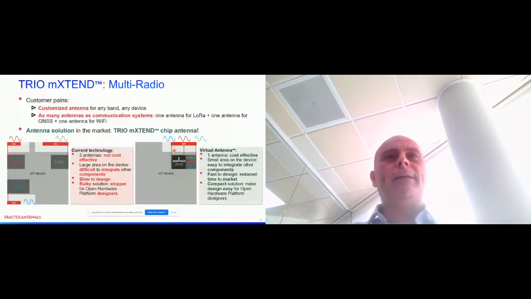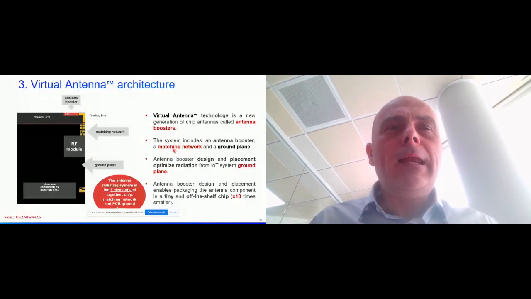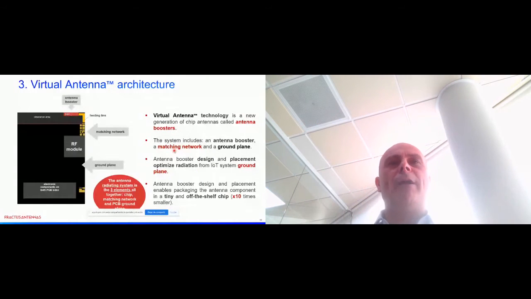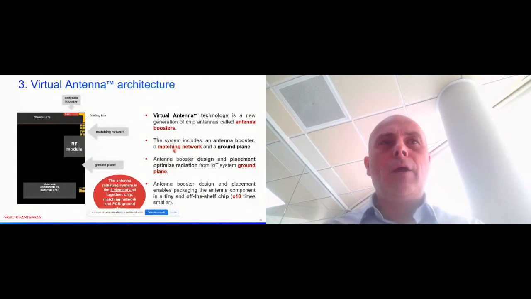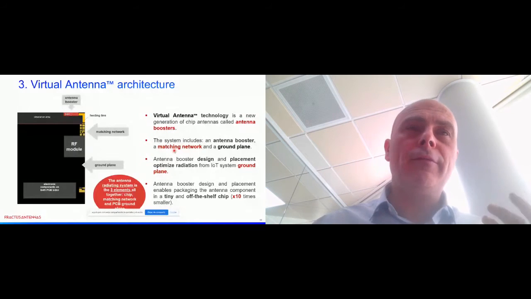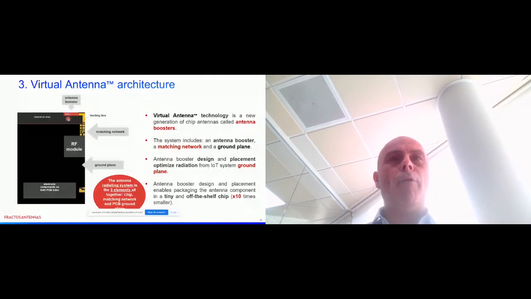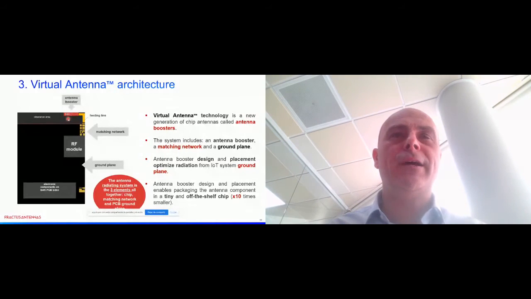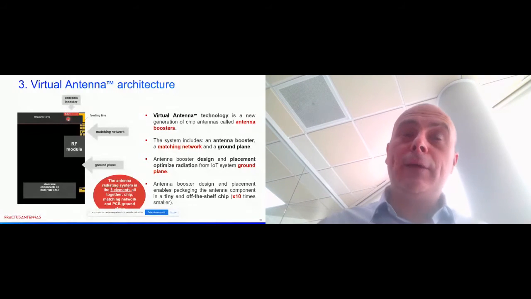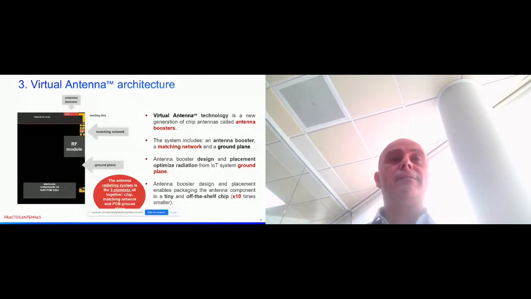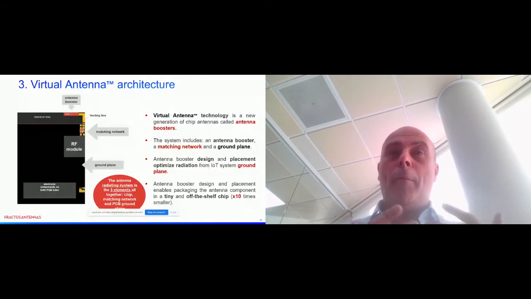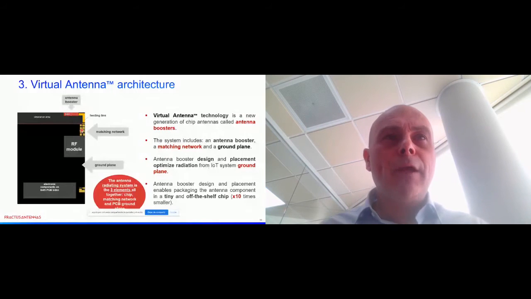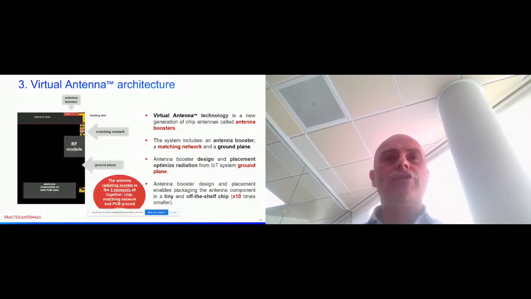Now that we know a little bit about the products, let's move on to the architecture of a virtual antenna system. We have the antenna booster that you saw before. This is a very important component of the architecture, but we have two more components. The matching network is the combination of components, inductors and capacitors, that allows us to choose the frequency band of operation.